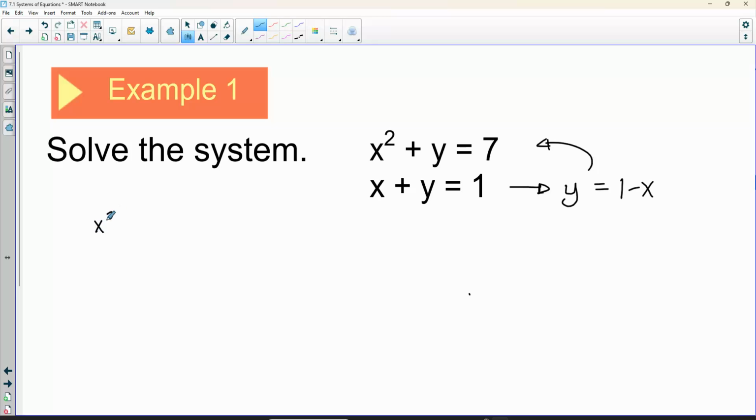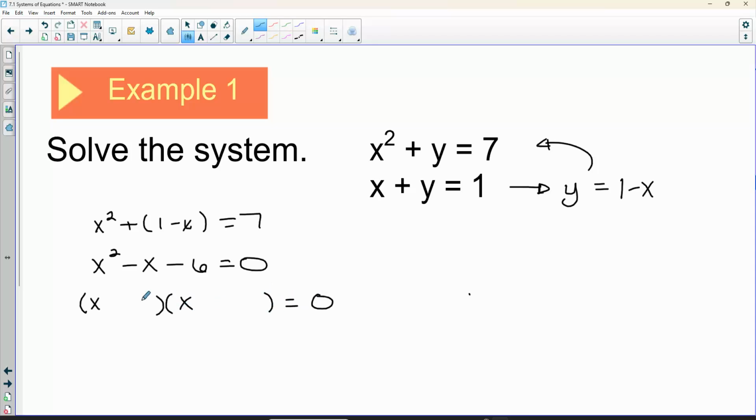So yes, x squared plus 1 minus x equals 7. So bring over my 7 and solve. What multiplies to a negative 6 and adds to negative 1?